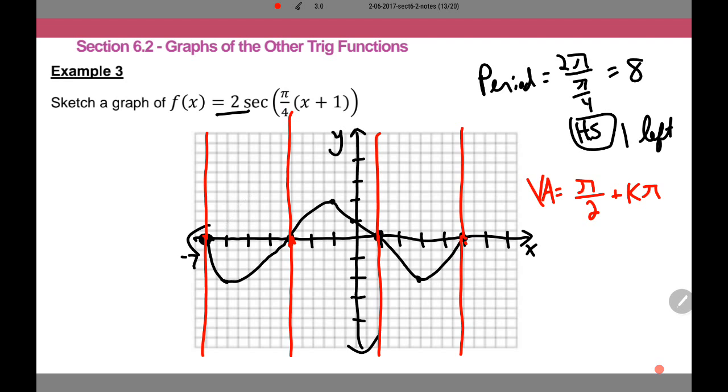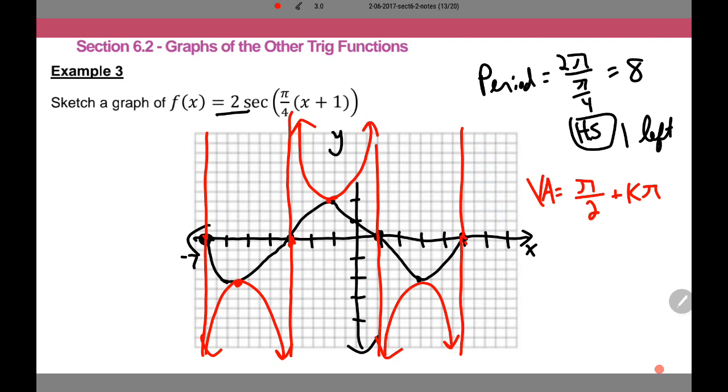So our period is 8, these are 4 apart, and really they're all shifted because of this as well. What's nice about this is our maximums and our minimums correspond to each other when we actually graph it. So if we do it, I did a terrible job with that one. It needs to be over here like this. So the red graph is actually my cosecant graph.